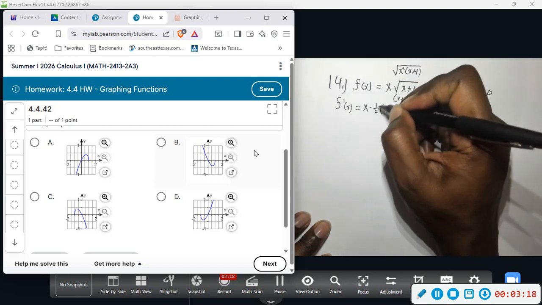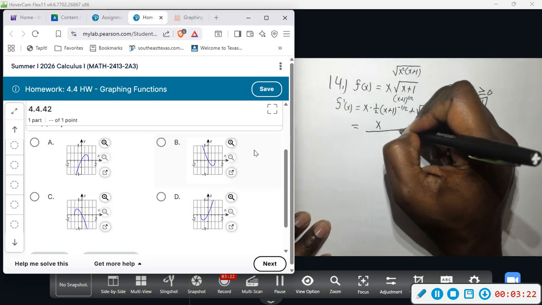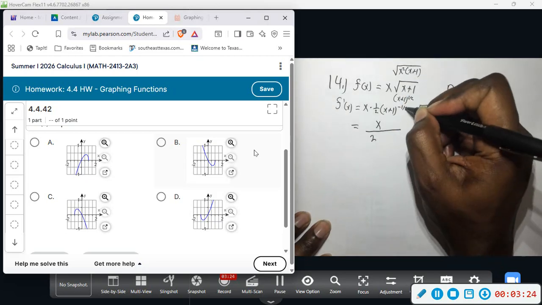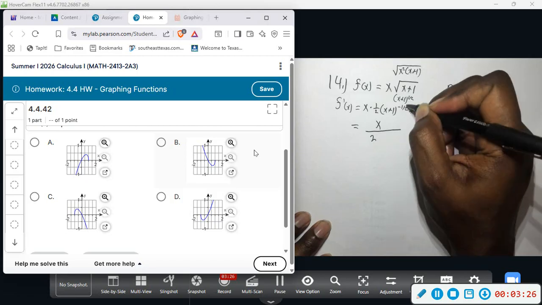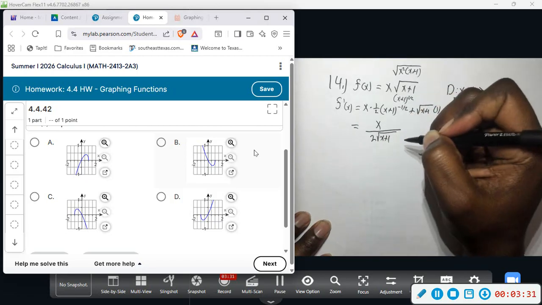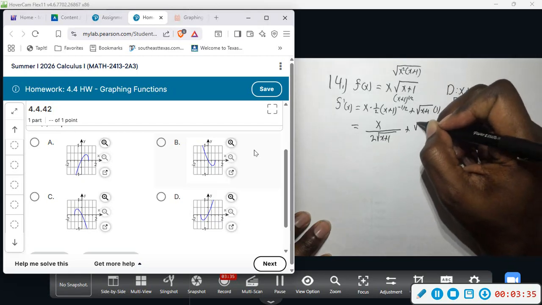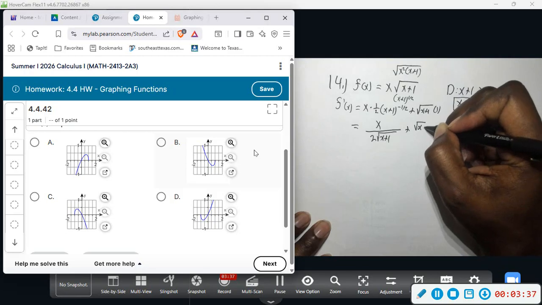This would give me x on top over 2. This negative exponent will come down. It's a half, so it's the square root, so I'll get 2 square roots of x plus 1. And then plus square root of x plus 1.